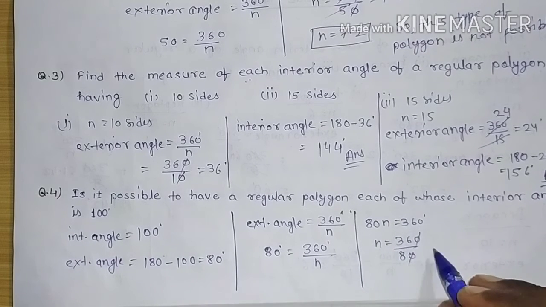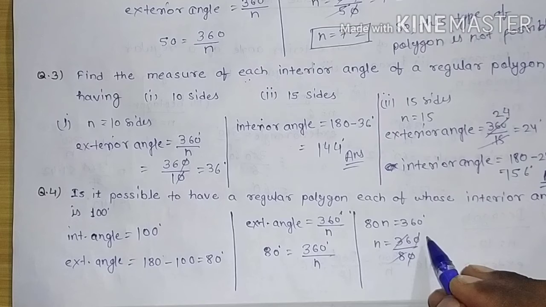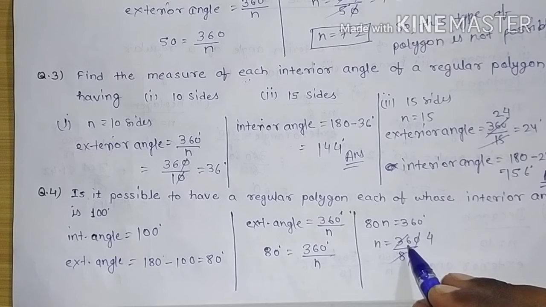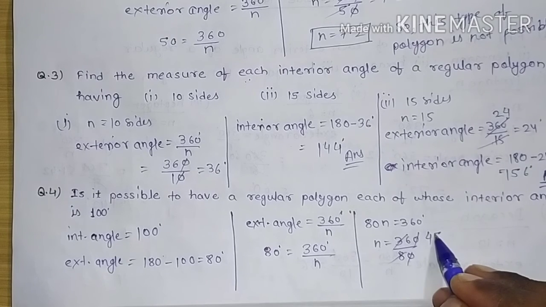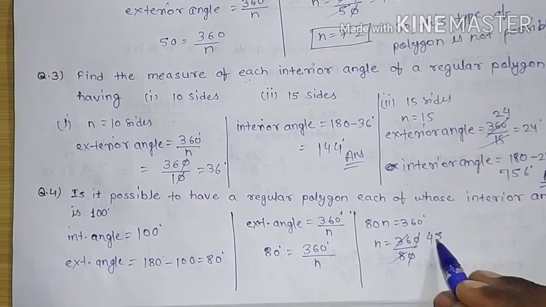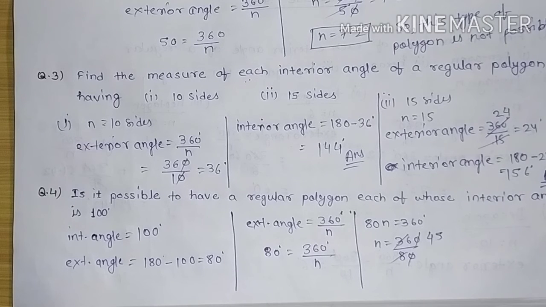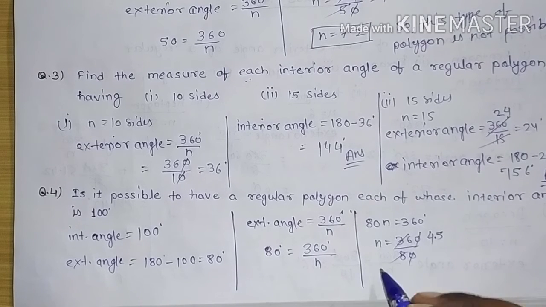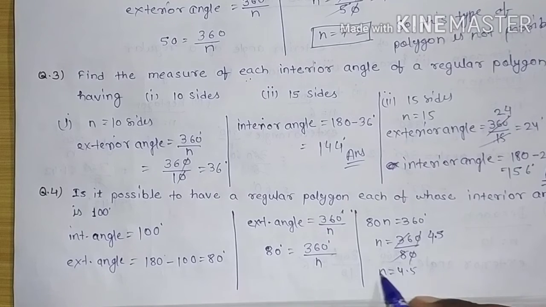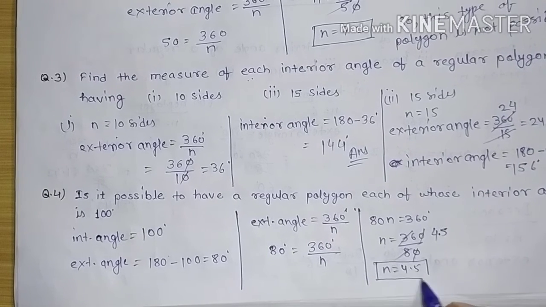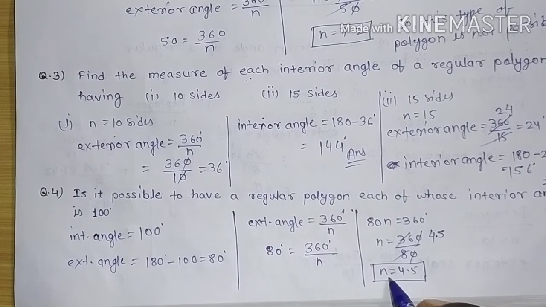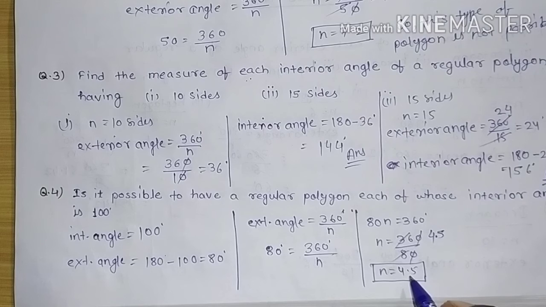The zeros cancel out. 8 into 4 is 32, and 8 into 5 is 40. So n equals 4.5, and n is the number of sides of the polygon. So n is in decimal form, but the number of sides cannot be a decimal.